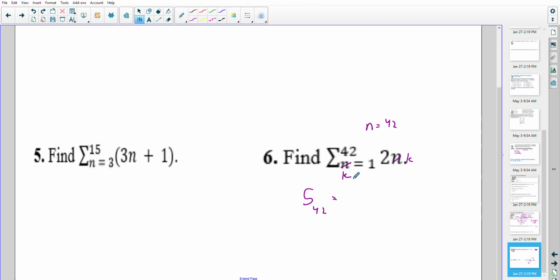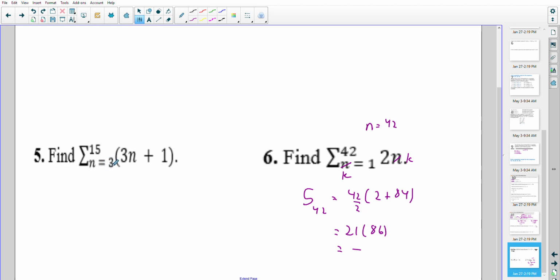The first term is where k is 1. I put 1 in for k and I get 2. So there are 42 terms. The first term is 2, and the last term is going to be 2 times 42, which is 84. And that's divided by 2, and so then you can just have the sum on that one, which is that number right here.